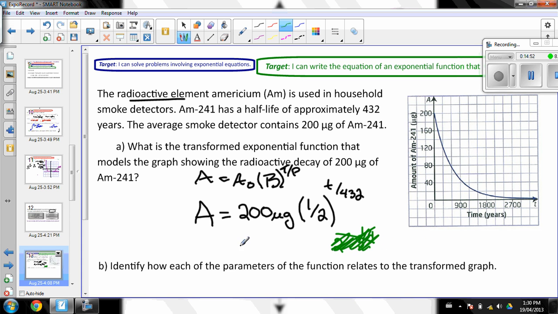It has been vertically stretched by 200, which is why our y-intercept that normally would occur at 0 and 1 now occurs at 0 and 200, because 1 times 200 gives me 200. The 432 represent our horizontal stretch. Now we would expect this to increase it because we would take all of our time values, or our x values, and multiply them by 432 in order to shift it.